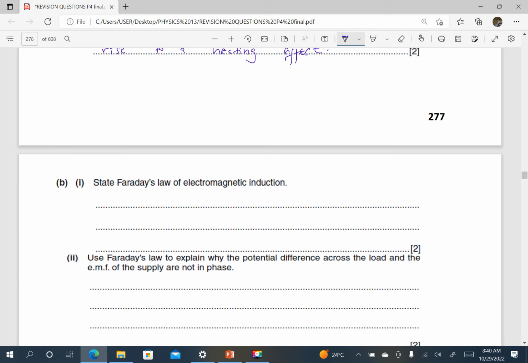State Faraday's law of electromagnetic induction. Remember I said there will be always overlap of electromagnetic induction, AC, and capacitors or capacitance.